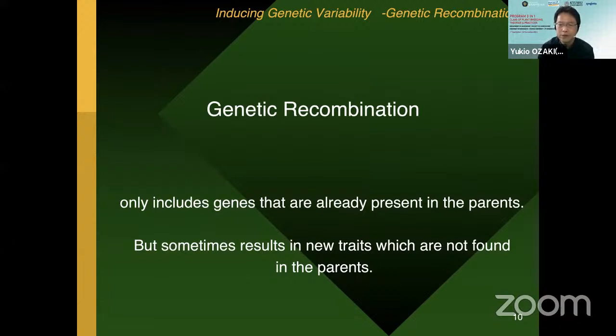It should be pointed out that recombination only includes genes that are already present in the parents. Consequently, if there is no genetic linkage, the new gene recombinations can be predicted. Where linkage is present, knowledge of the distance between gene loci on the chromosomes is needed for estimating their frequencies.